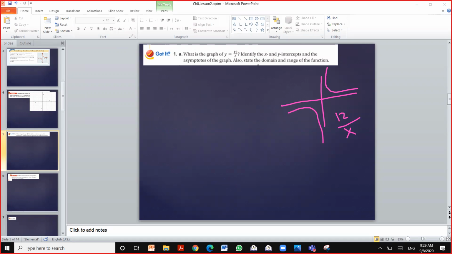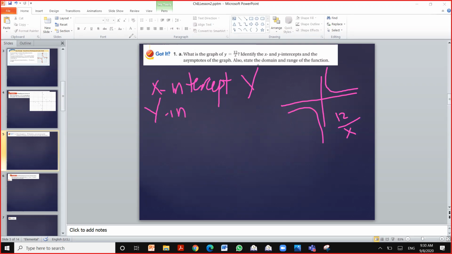Now, how can I find the x and y intercepts? I will ask myself for this graph. Okay, what is the x-intercept? There's no x-intercept because I will ask myself, does my graph touch the x-axis? No, so there's no x-intercept.